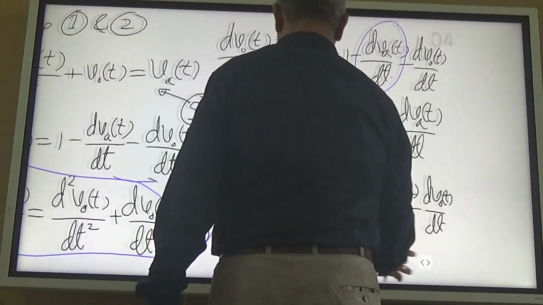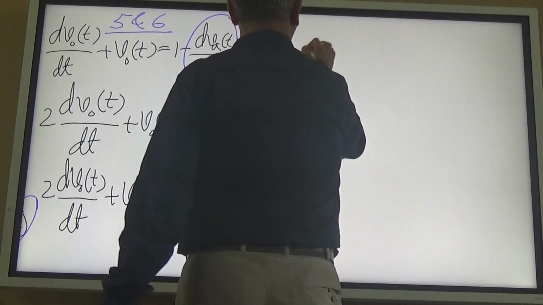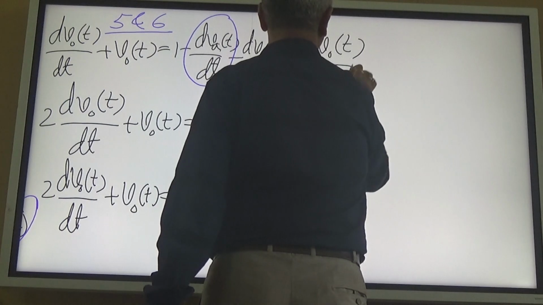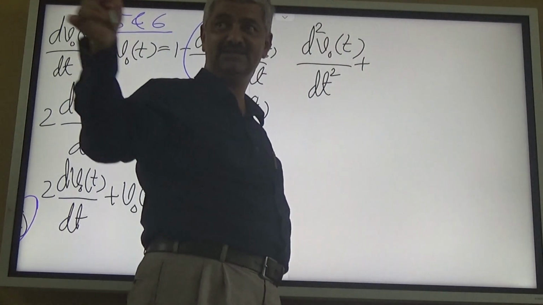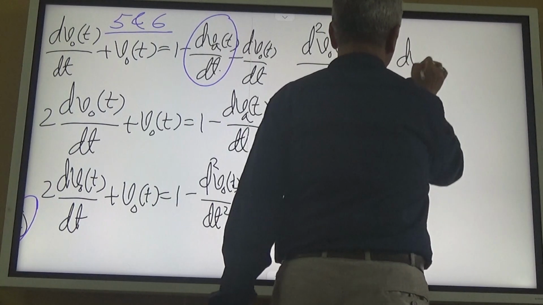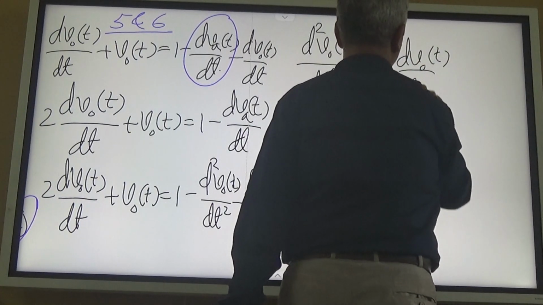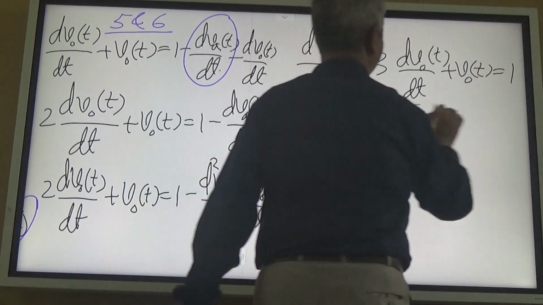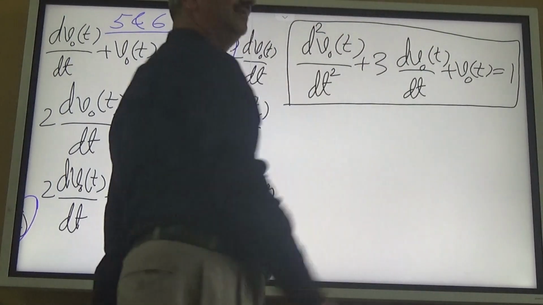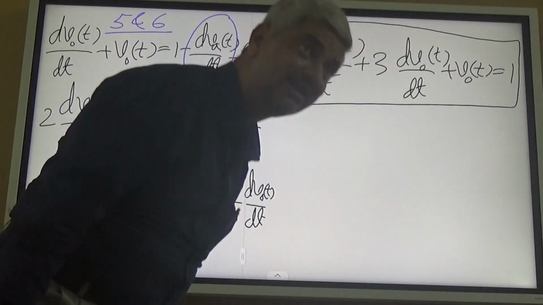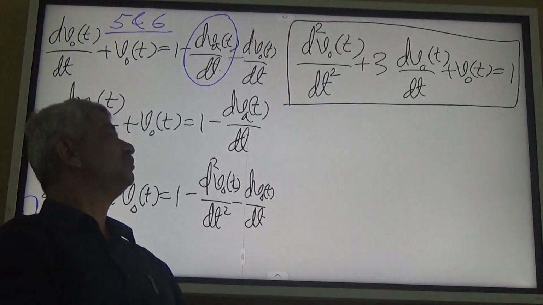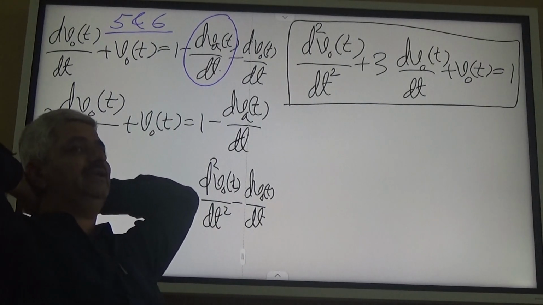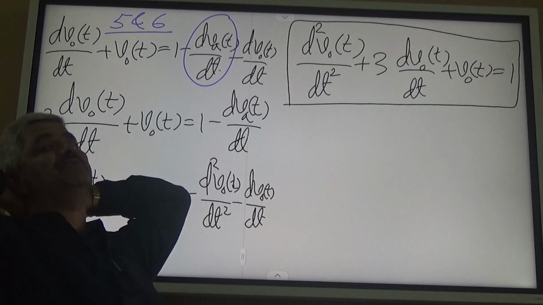So the final answer is d2VOT upon dt square plus 3 dVOT by dt plus VOT is equal to 1. So it is a second order differential equation in terms of VOT. The double derivative of VOT plus triple the derivative of VOT plus VOT, their summation is constant.